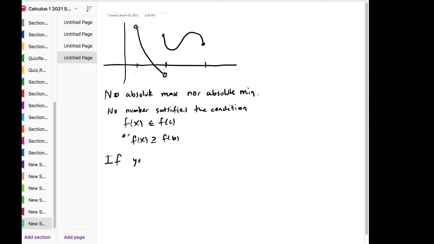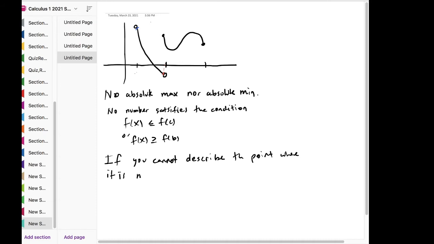If you cannot actually describe the point where it's maximal or minimal, then it does not exist.